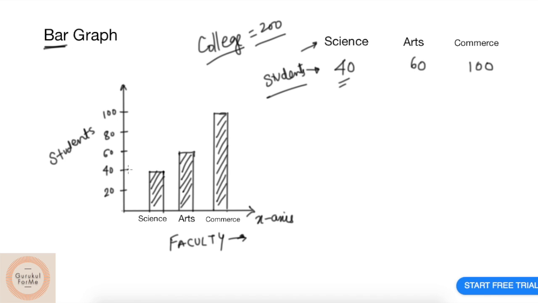So science has 40, so what I eventually drew 40 here, 60 comes here and 100 comes here. So the science students are 40 in number, the art students are 60 in number and the commerce students are 100 in number. We are able to draw these graphs and we have some understanding from these graphs.